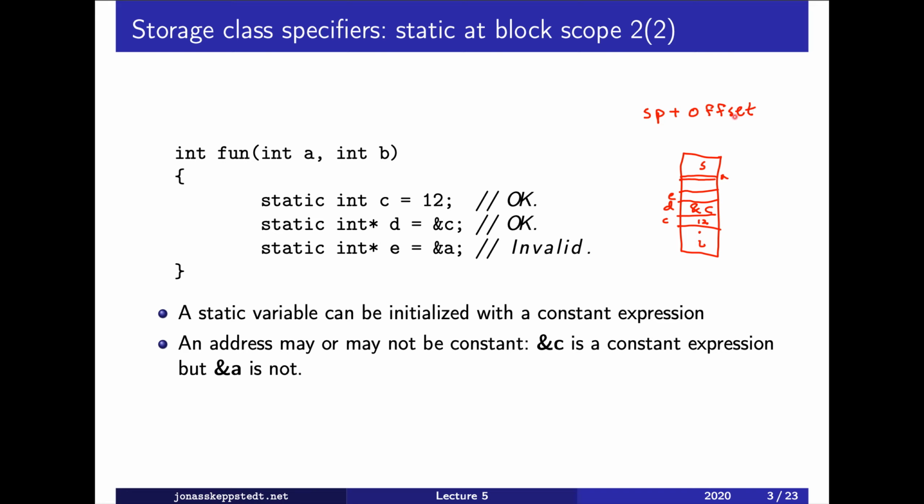Okay, and this offset is some bytes into the call frame of the function. The offset is known at compile time because it's the compiler that decides it, but the value of the stack pointer is unknown. So we cannot use this as an initialization.